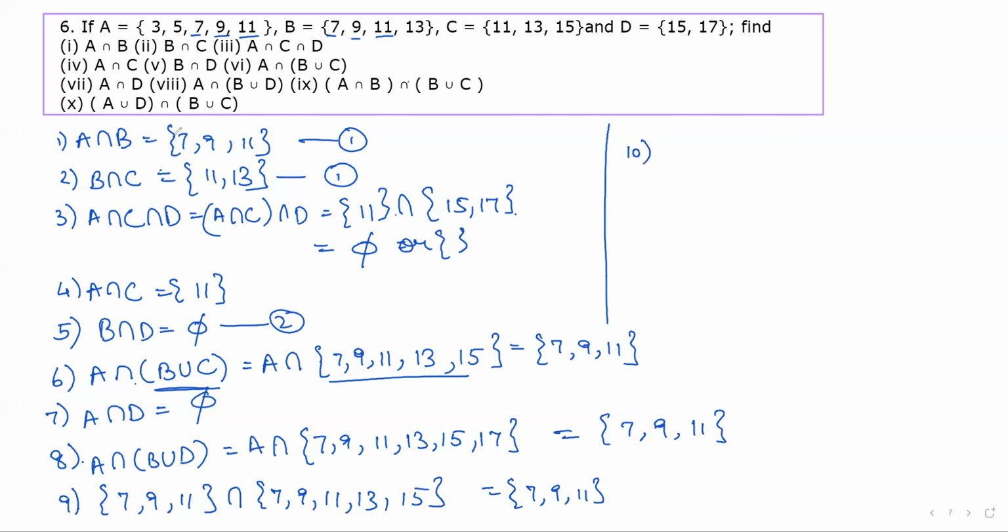Tenth, A union D. Did we calculate A union D? No. So A uniting with D, which is 3, 5, 7, 9, 11, 15, 17.